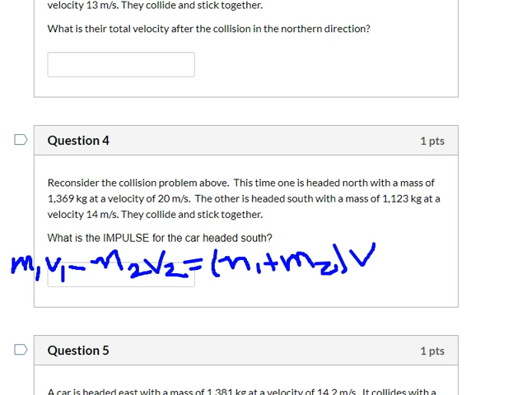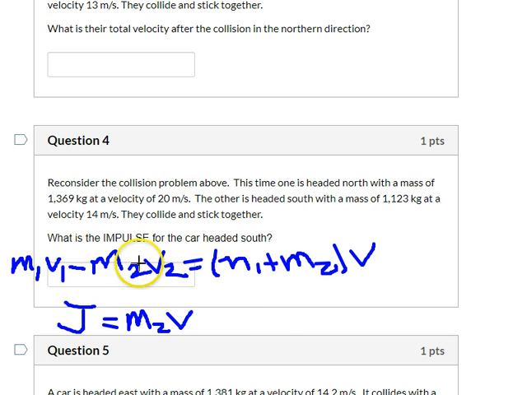Then the question is, what is the impulse on the car headed south? For the car headed south, what's its final momentum? M2 V. We've got its final momentum, M2 times V, and we subtract out its momentum before.